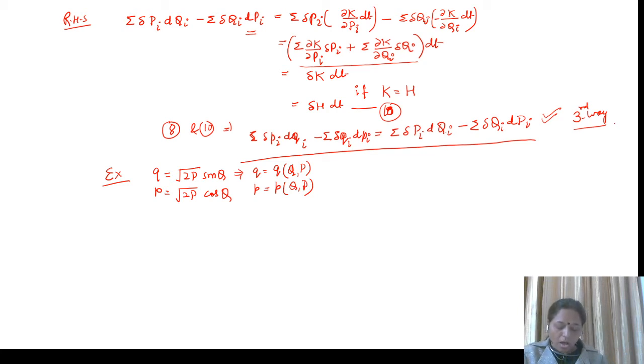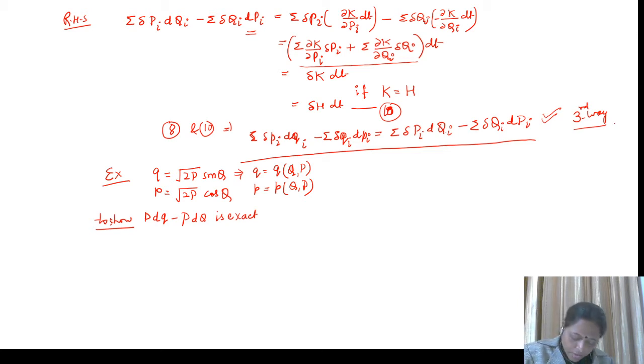Because I have to use the three methods, I'll go one by one. In the first method, I have to show that p dq minus capital P dQ is exact. I'll try to show it.